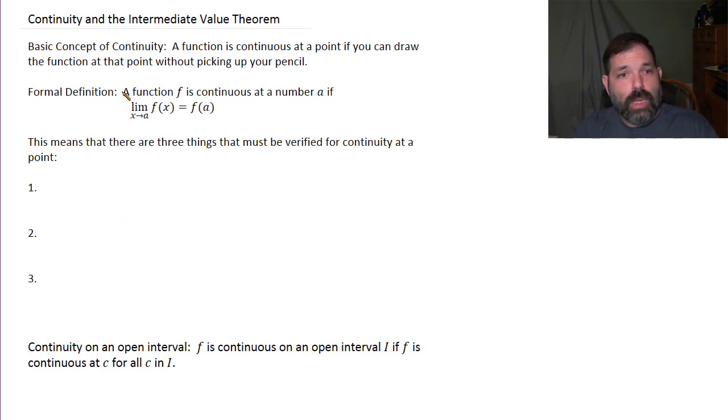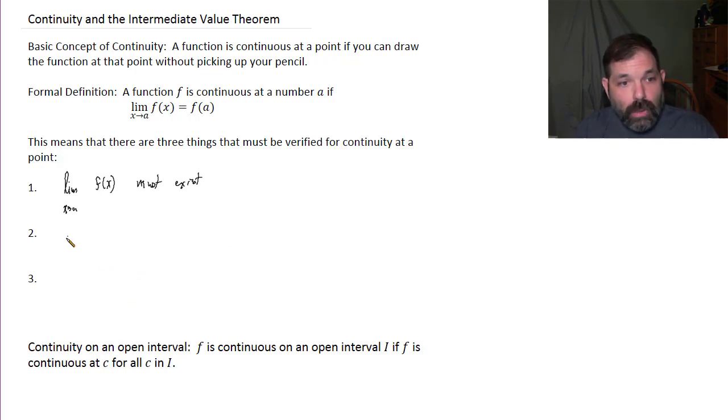First, the limit as x approaches a of the function must exist. We have to be able to evaluate the limit of the function at that point.